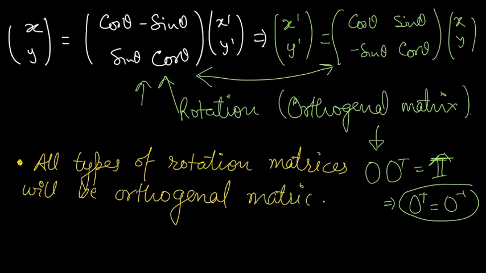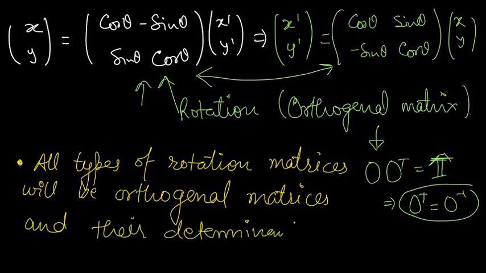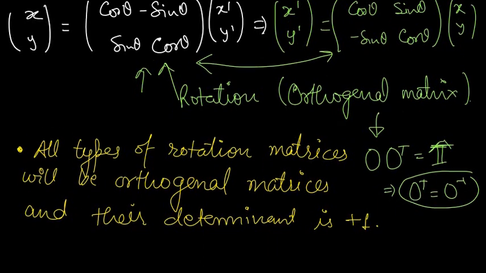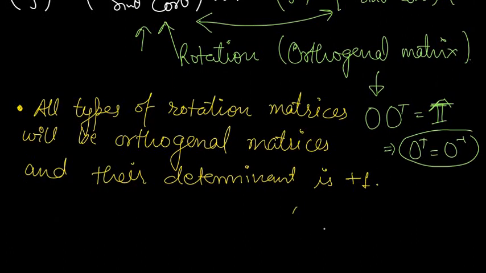I'm talking about the real matrices, and you know that the determinant of an orthogonal matrix is plus or minus 1. For these types of rotation matrices, the orthogonal matrices have the determinant of +1. So this was the basics of 2 cross 2. I was dealing with a 2 cross 2 matrix.